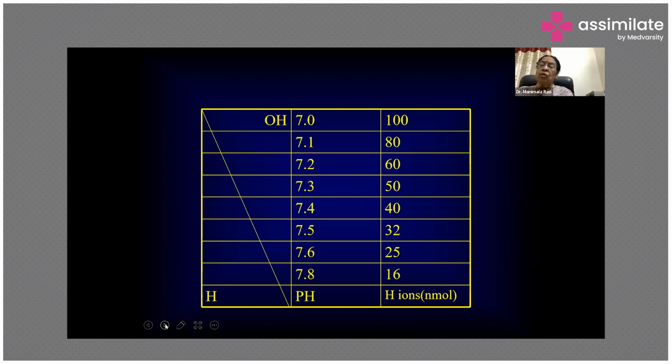At 7.4, you have 40 nanomoles of H ions. If the pH is increasing, the H ions will decrease. If you remember that, it's more than enough for you to understand.